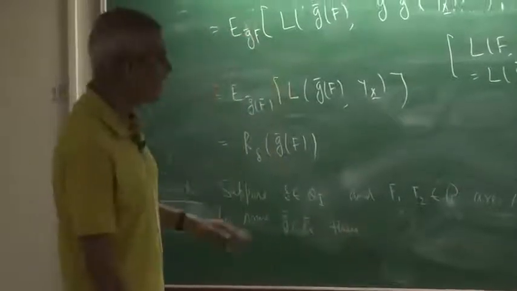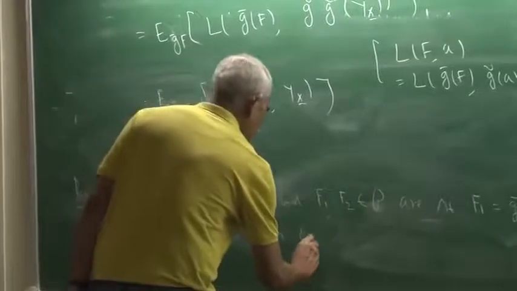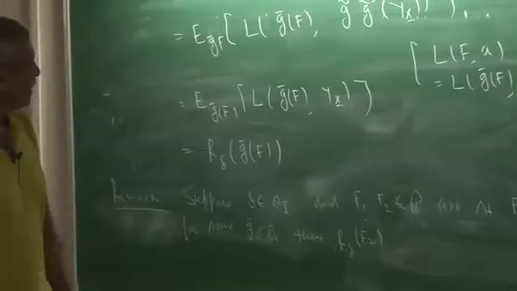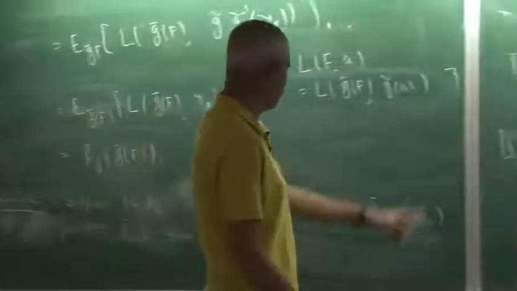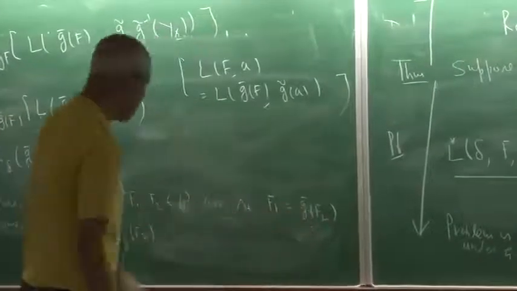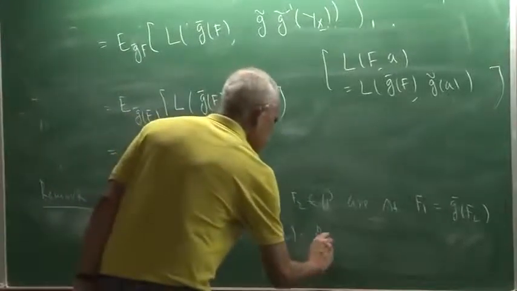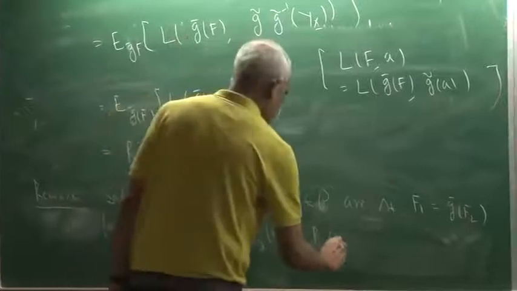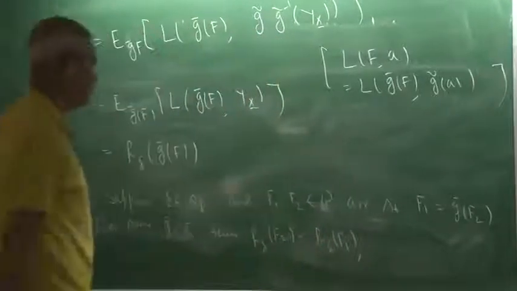Then what can you say about r delta f2? R delta f2, because delta is invariant, would be same as r delta of g bar f2. And g bar f2 is same as f1, so r delta f1. So that means they will have the same risk.